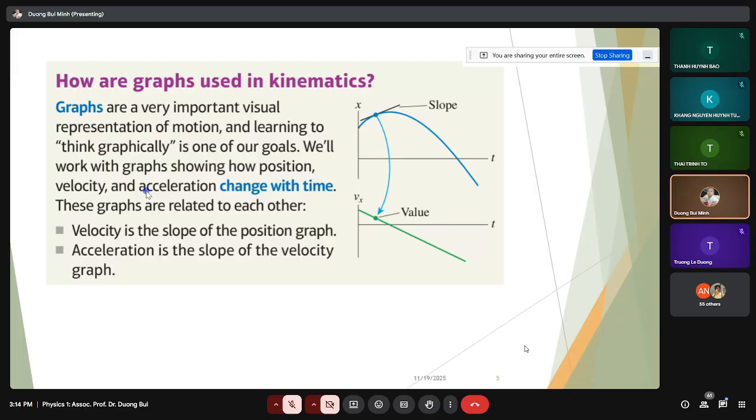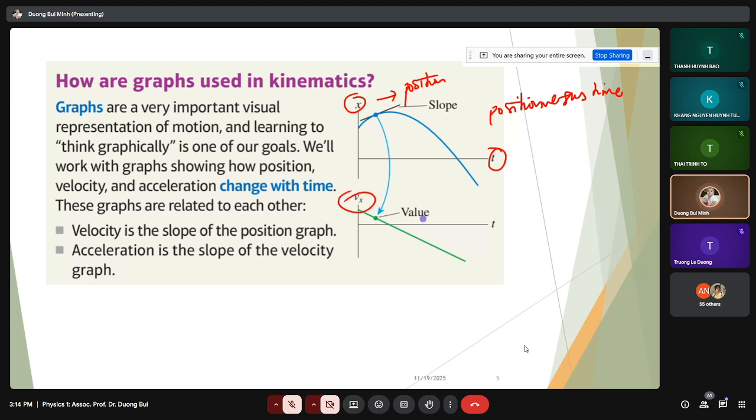Normally we use graphs to indicate the kinematics of any object. For example, here this is x, position, and this is time, or we can say position versus time.